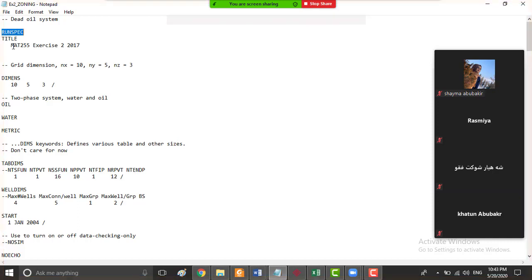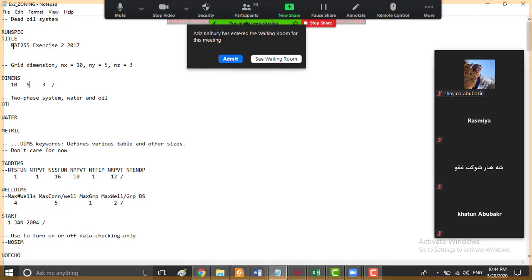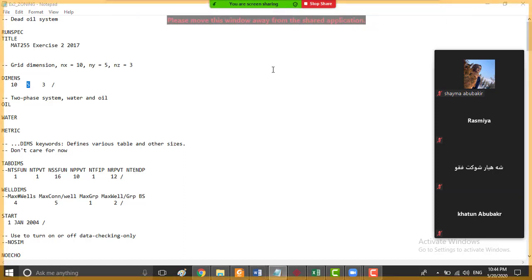So here we should make one small change in the previous data file that we had, and it is the change that we need to make in the keywords dimensions, right? Now the dimensions of our reservoir has changed from 10.3.3 to 10.5.3. So this second field in this keyword has to change from 3 to 5.